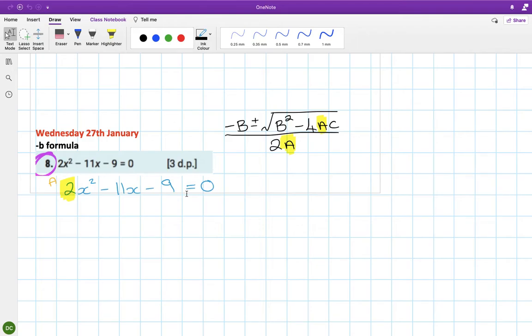Second one then, now, and you must take the sign. So in the second one, we're looking at minus 11 for B. And that minus 11 is going to have to go in here and here for B. And then C is the last term, which is minus 9. And that just goes in once there.